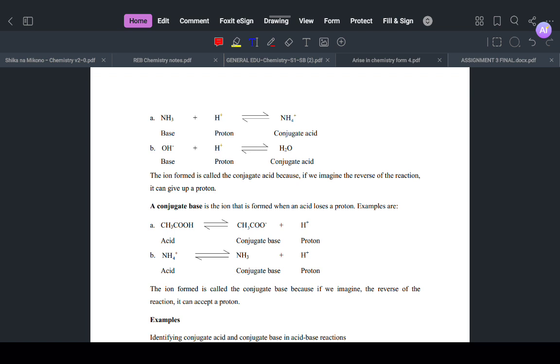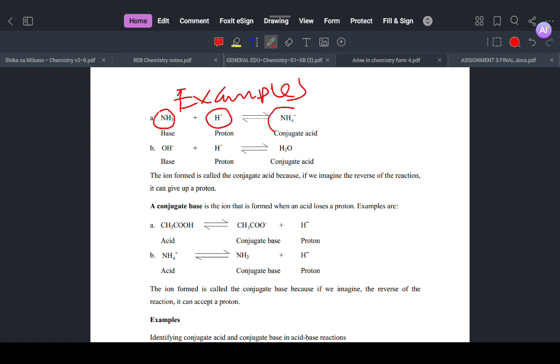In this case, let's consider the following situations just as examples of conjugate acids. If you look at the first example, example A, our base is ammonia, and the ammonia gains a proton from an acid.